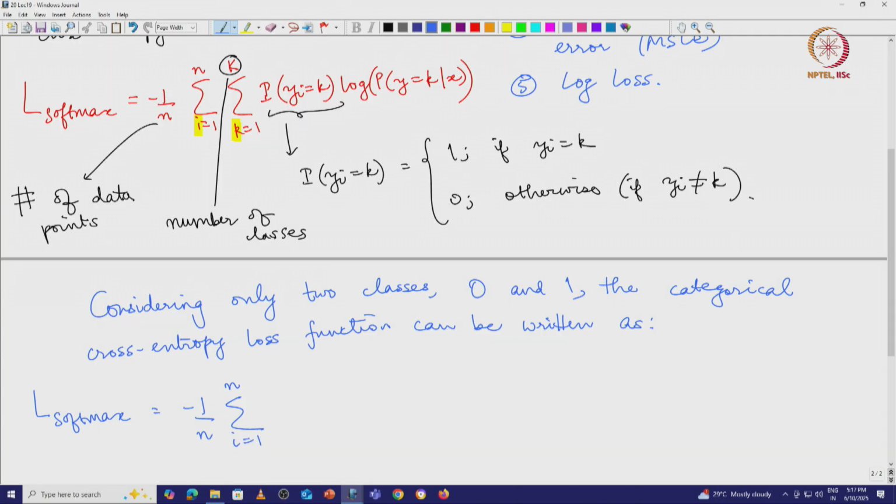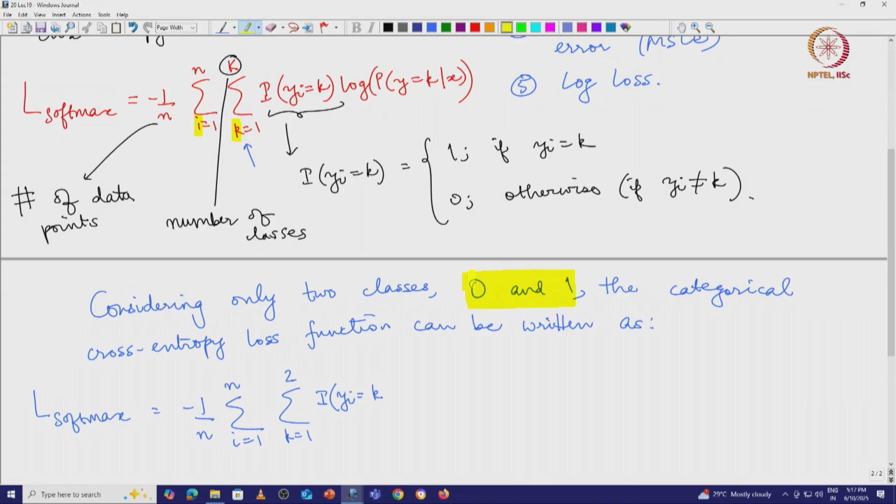Now inside there is a summation over the classes, and in this case we have only two classes. So k goes from 1 to 2, and your I of yi equal to k is what you would typically write, but in this case yi can take either 0 or 1 as the values.